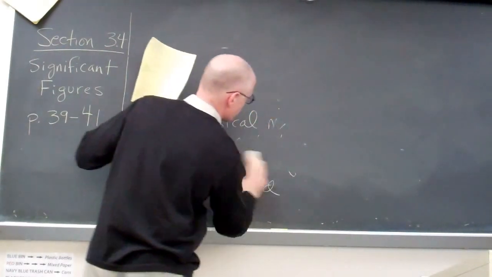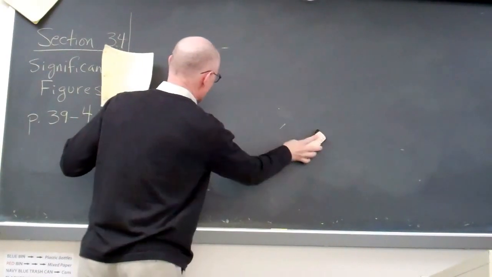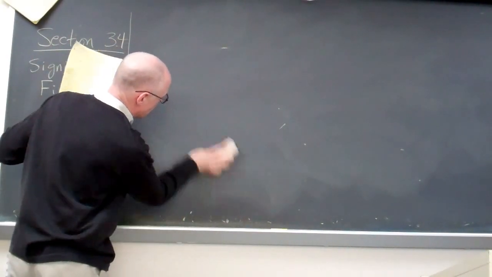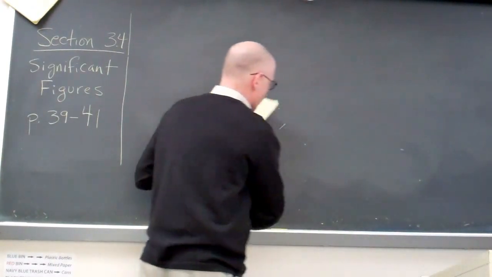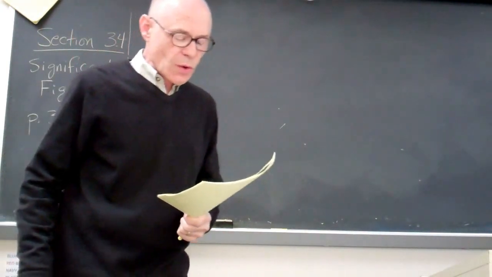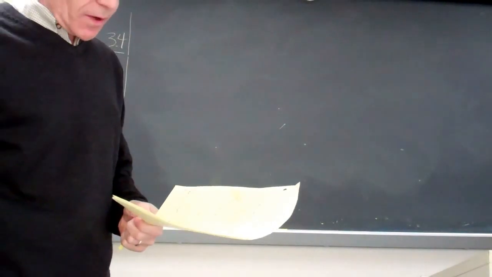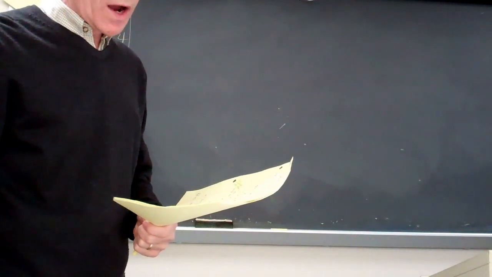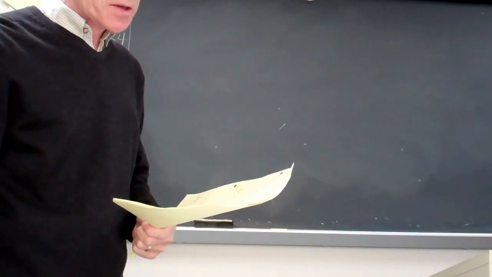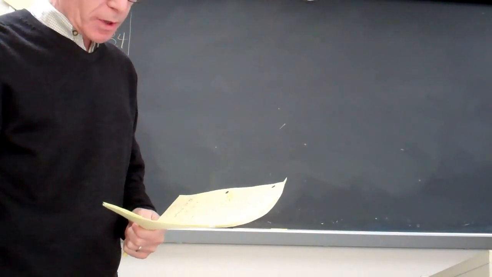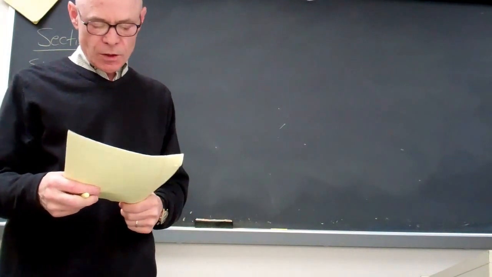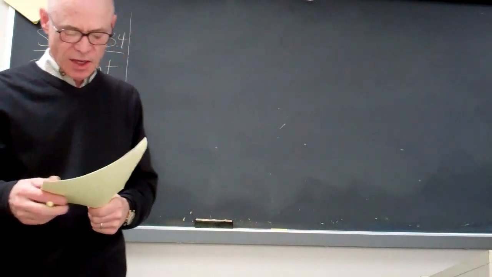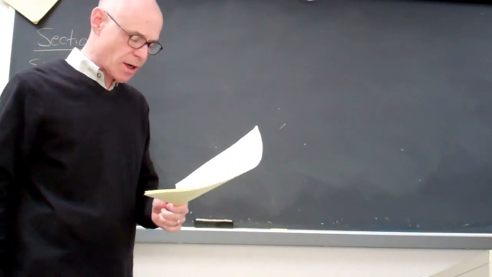We will be doing a lot of measurement in this class and in upcoming classes over the next year. So what are significant figures and why do we need to apply this concept to measurements? Let's illustrate this with an example so you can see why this is an important concept.